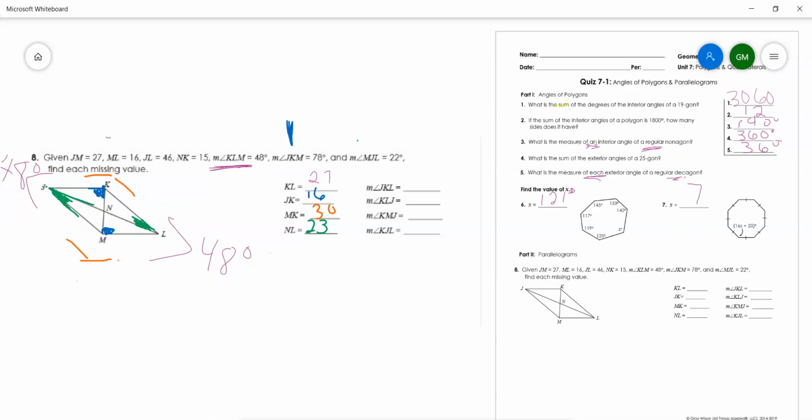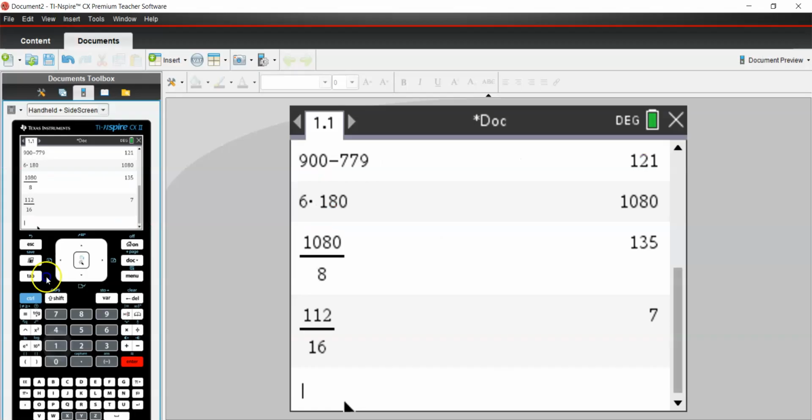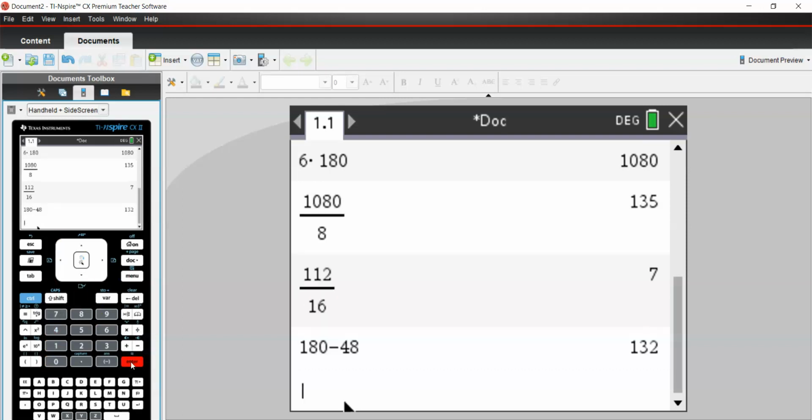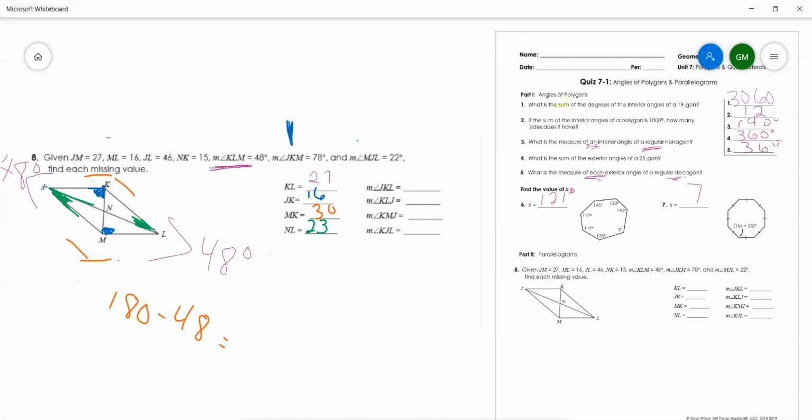So all we need to do to find JKL is take 180 and subtract 48. 180 minus 48 is 132. So JKL is 132 degrees.